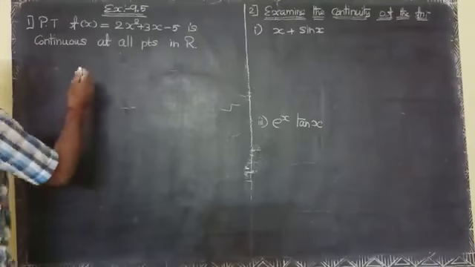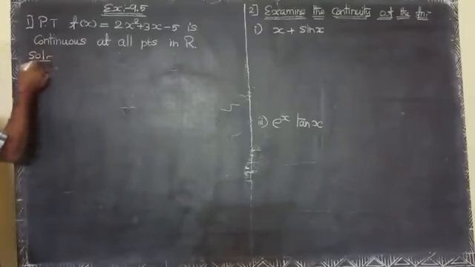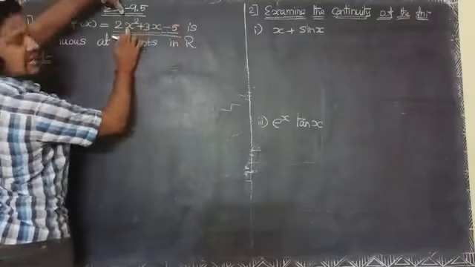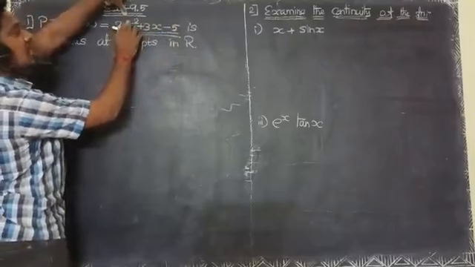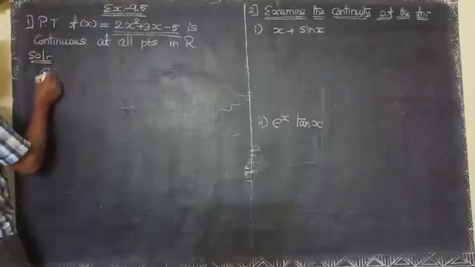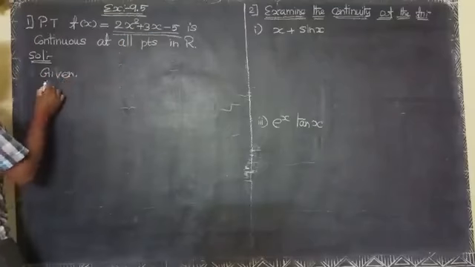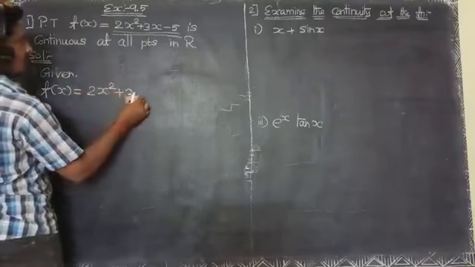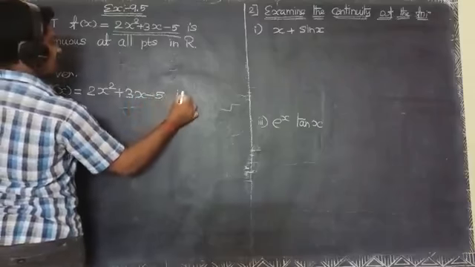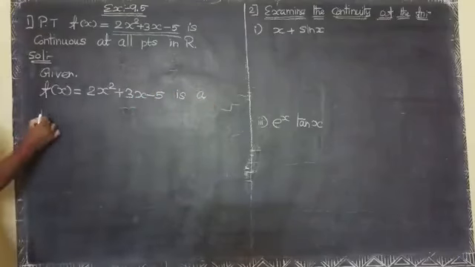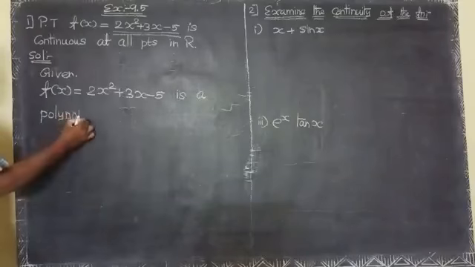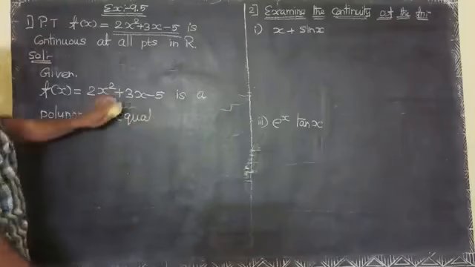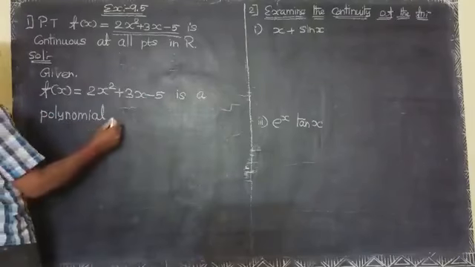Given function: 2x square plus 3x minus 5 is a quadratic polynomial in terms of x. So f of x is a polynomial function.